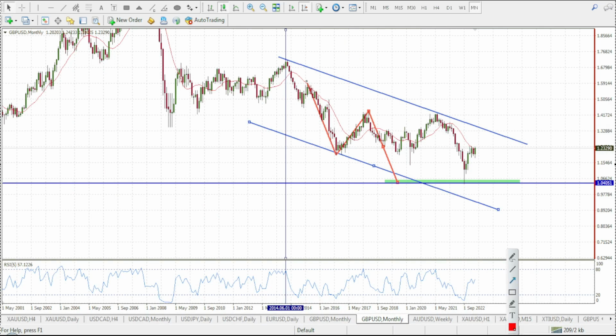Very nice ABCD pattern. See, this is A to B, point A, point B. This is C, this one. And finally the drop. And just have a look at it. Like the game changers, they already knew this thing.